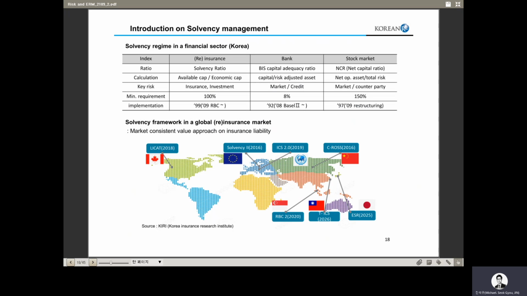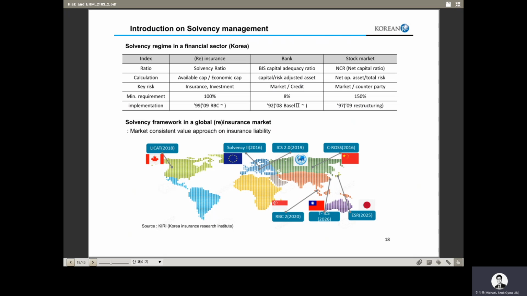In the financial market sector, there exist similar solvency regulations as well. Banks have to adopt the BIS capital adequacy ratio, and stock and investment companies have to follow NCR, net capital ratio. The logic is very similar to reinsurance's solvency ratio.